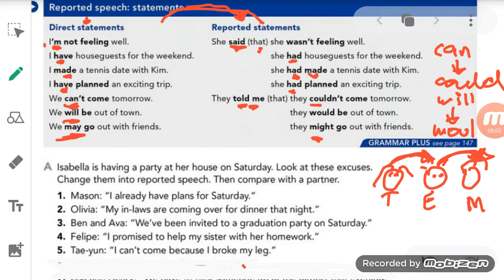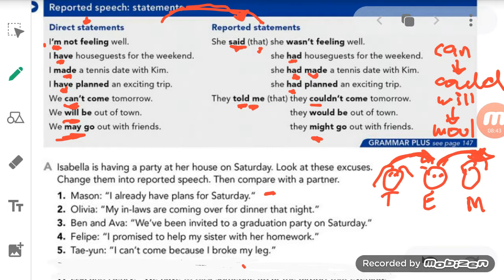So you only need to remember that you need to check the original sentence. If the original sentence is in present, you go to the past. And if the original sentence is in past, then you go to past perfect. You have to always observe the original sentence, and then you decide the tense you have to change it to. For example, in this case, I already have plans for Saturday. You have to check if the original sentence is in past, present, future, modal verb.